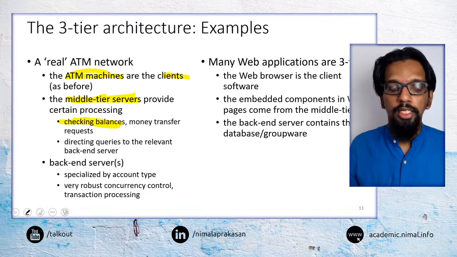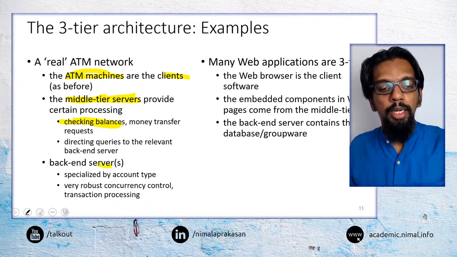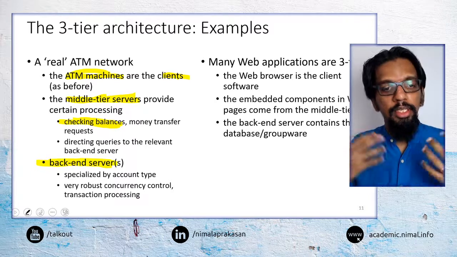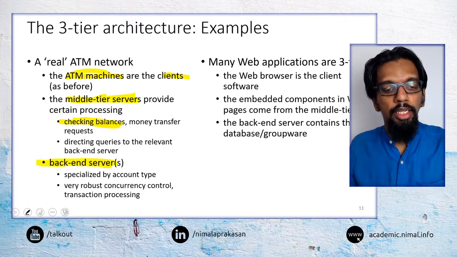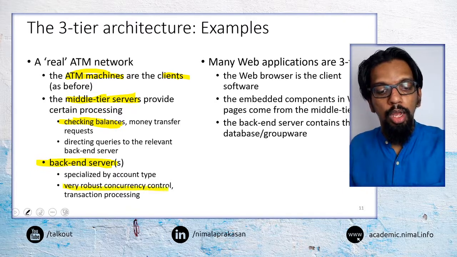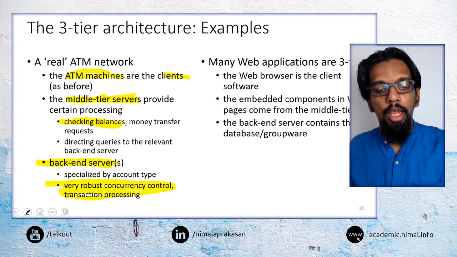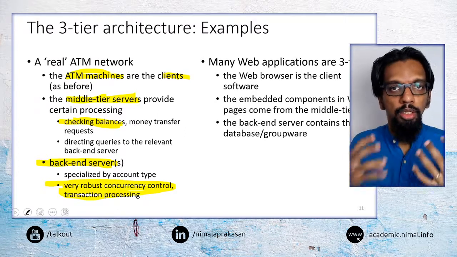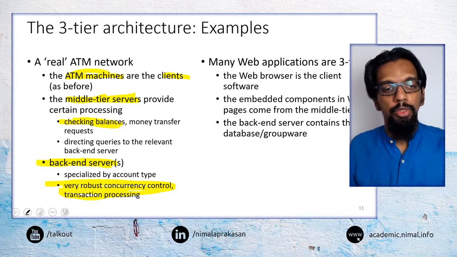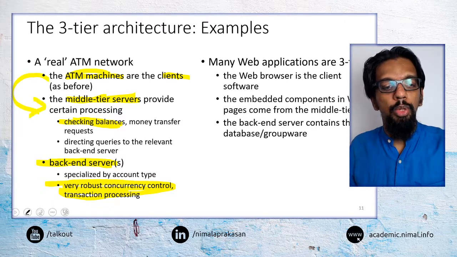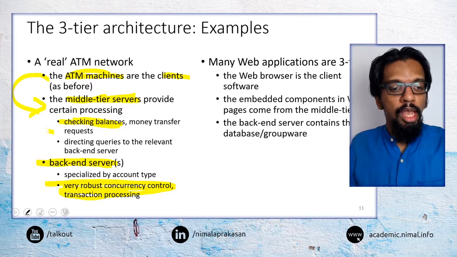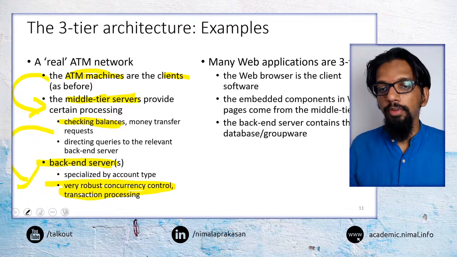But then there will be backend servers that actually maintain the data. They will do concurrency control and transaction processing, and those things will be done at the backend. So ATMs will connect to an ATM management server, and that will connect to the backend server.